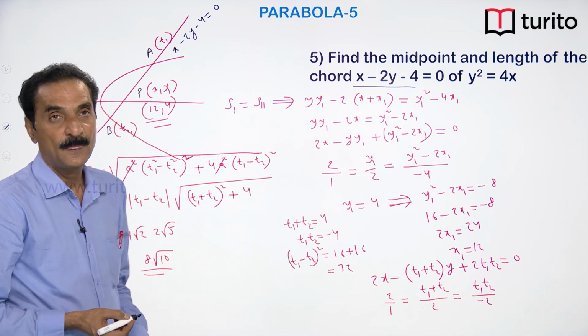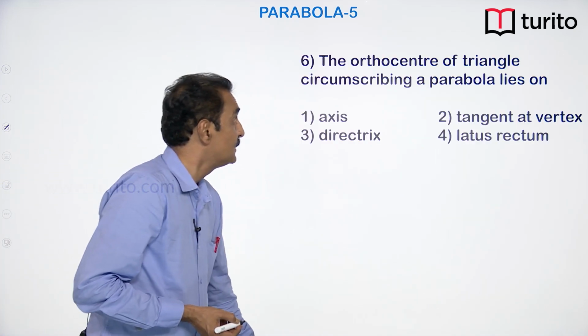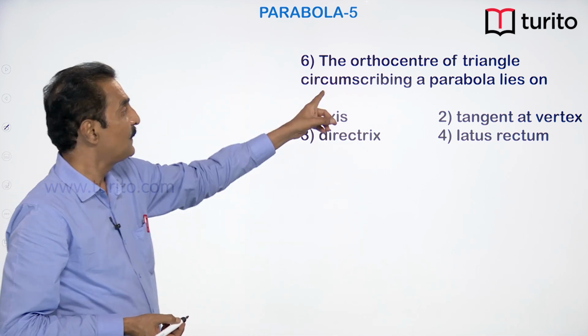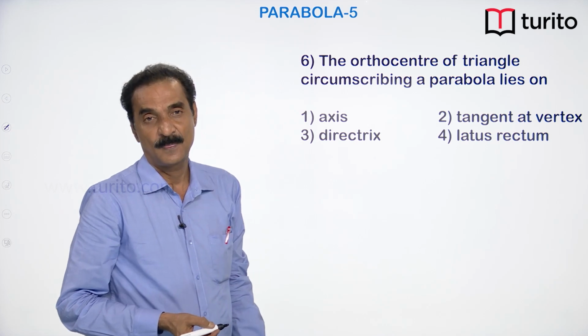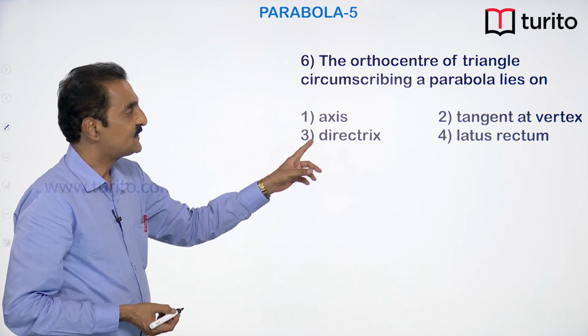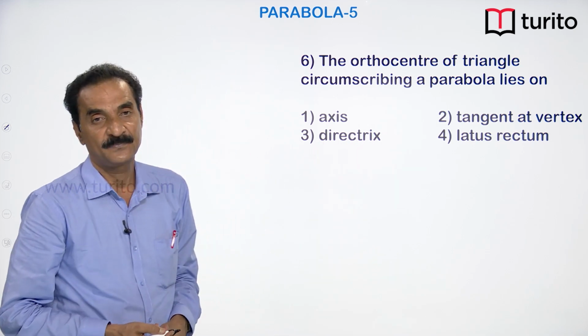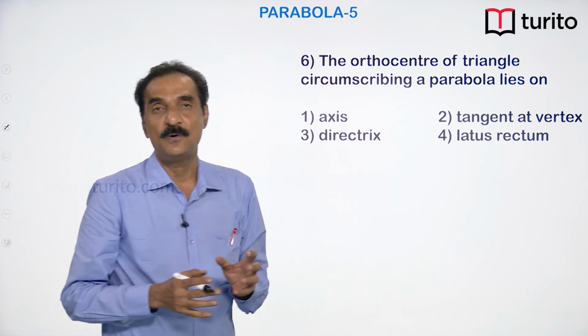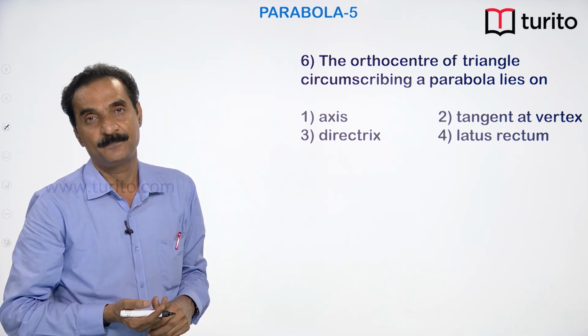Next question. The orthocenter of the triangle circumscribing a parabola lies on: axis, tangent at vertex, directrix, latus rectum. First you should know what is the meaning of circumscribing the parabola.